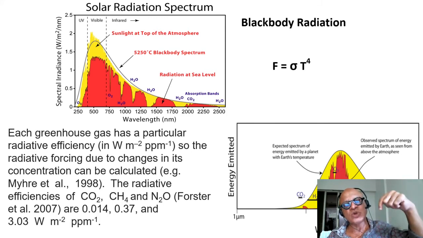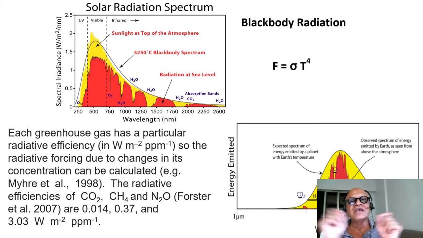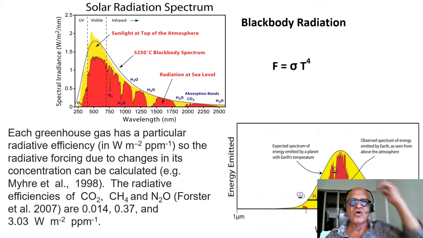They allow the short wave to come in, and the outgoing long wave can excite a bending mode or a rotational mode or a vibration mode in the molecules, which is what increases their energy, and they emit the energy out to space as well as back to the surface. So that's what gives us the greenhouse effect, right? CO2 is symmetric actually, but it has a bending mode. Typically symmetric molecules are not sensitive to the long wave.